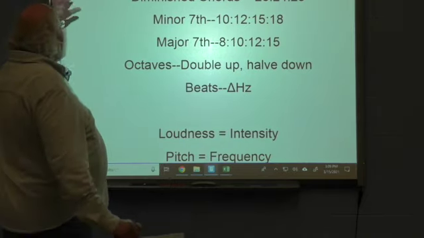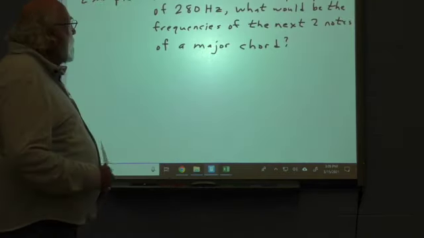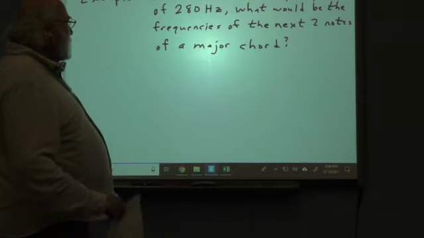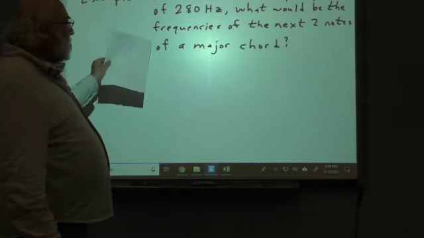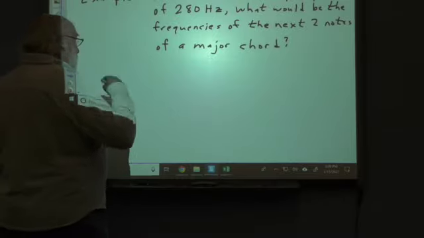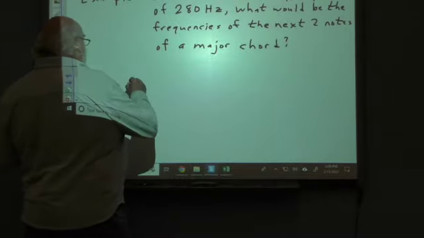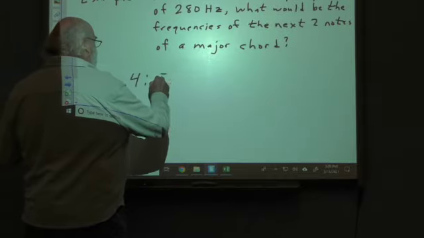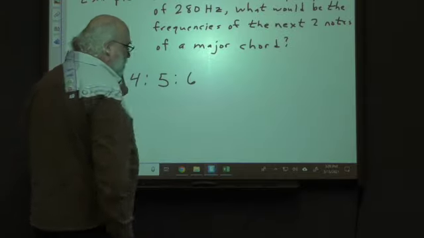Okay, so let's take a look at some examples of this. If a note has a frequency of 280 hertz, what would be the frequencies of the next two notes of a major chord? Okay, so in that chart that I gave you, a major chord is 4 to 5 to 6.